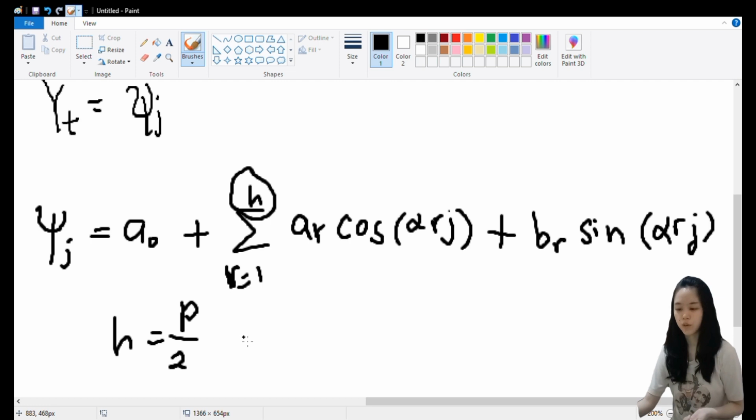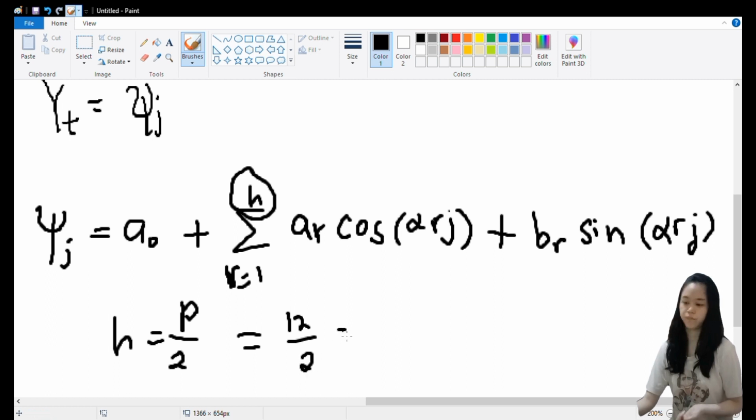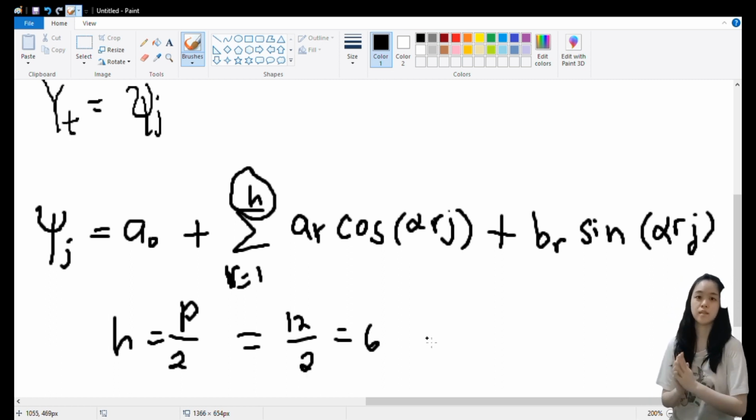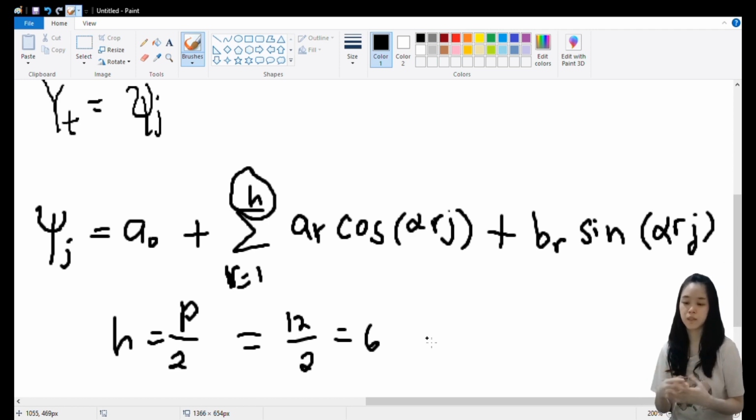So we have 6 harmonics. We can think of harmonics as waves. In other words, we have 6 separate waves, 6 different waves with different frequencies. If we add them up, we will get the seasonal factor.